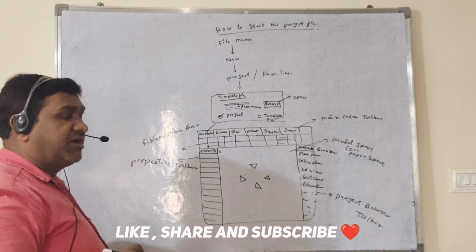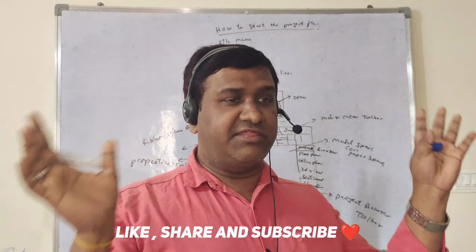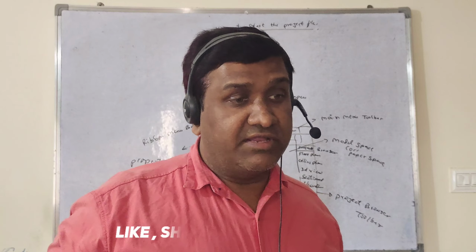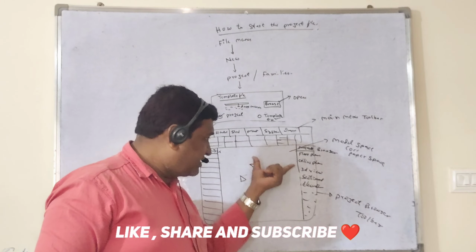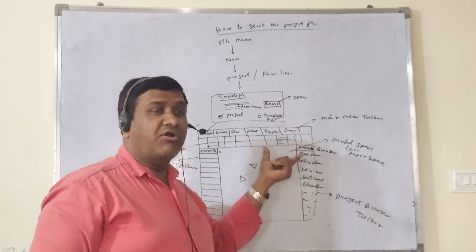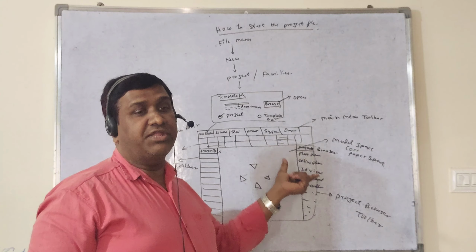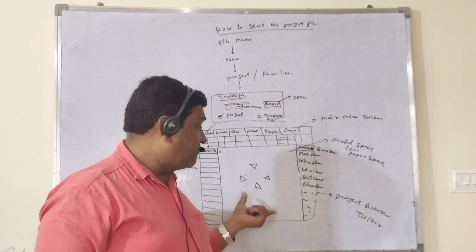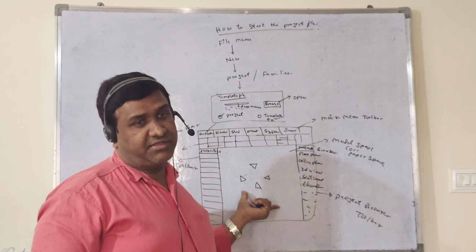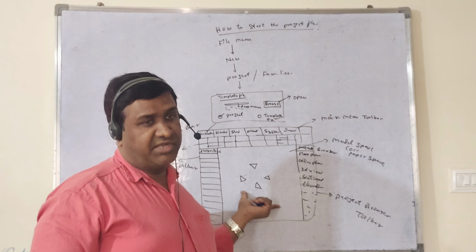Because you are creating a model, it is a model space. If you are creating a drawing, it is a paper space. In this screen area only, you have to draw the model, draw the drawing, and design the model. So this part we will call model space or paper space.